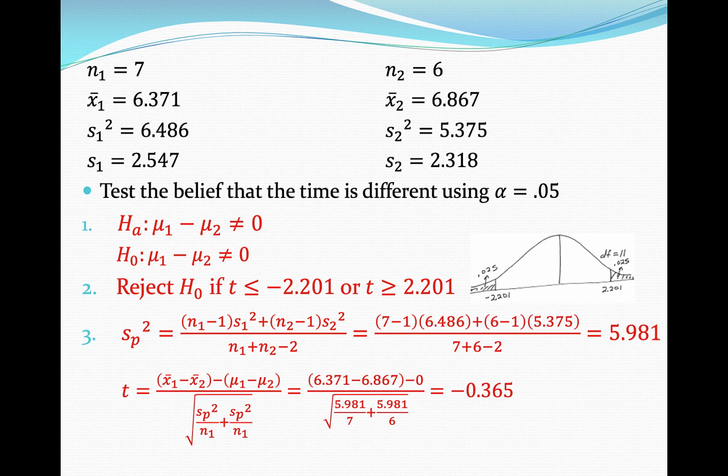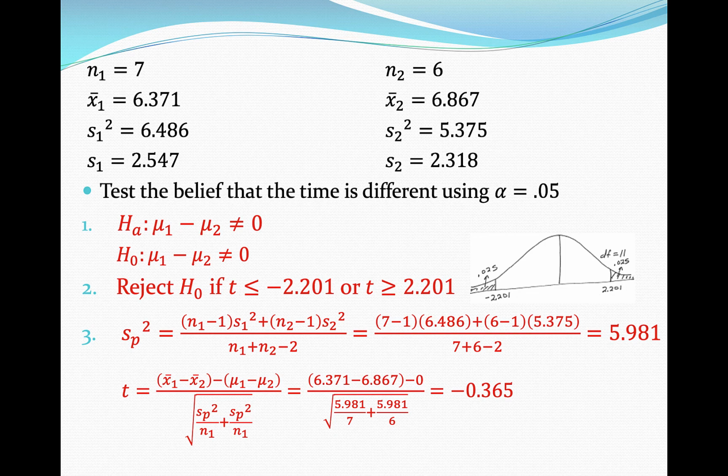So our test statistic here, x bar 1 minus x bar 2, we just plug in and we get 6.371 minus 6.867. So that really is our point estimate. From that, we are going to subtract the parameter, mu1 minus mu2. Keep in mind, I've already mentioned this with the dependent case, and it's true with the independent case as well.